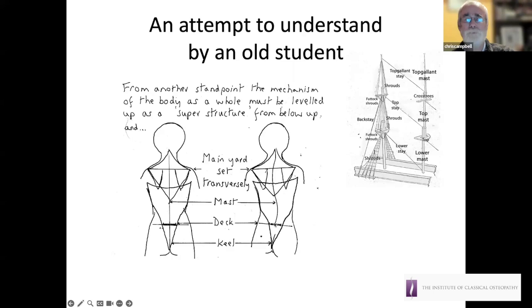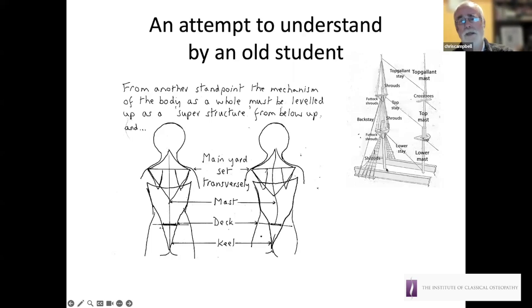Now, if you think of what happens in a ship's mast, it's a fixed rod going all the way up. It's got these shrouds and stays that are holding it and balancing it in place, stopping it from moving vertically and from side to side. If that baseline becomes unseated, you're going to get a series of tensions all the way up.